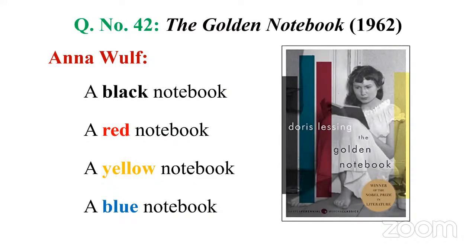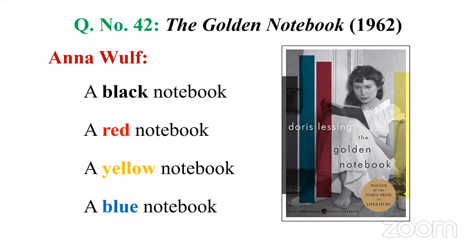These are the notes she has been writing: a black notebook, a red notebook, a yellow notebook, and a blue notebook. Each of these represents something. For instance, red represents her association with political movements. Similarly, black represents her dark thoughts and depression.